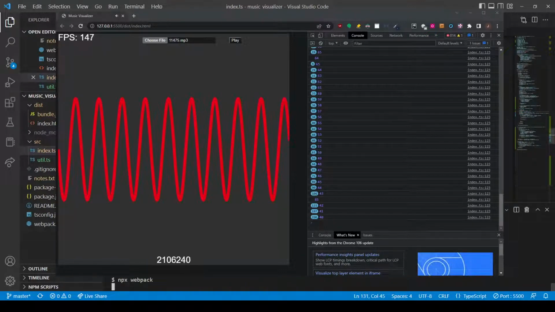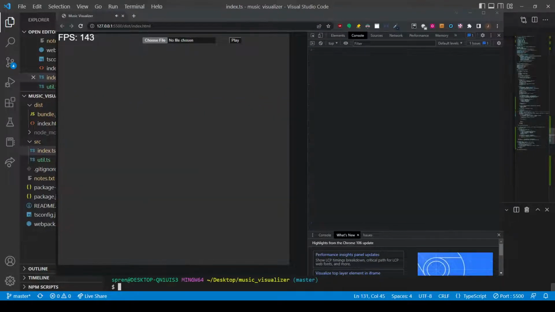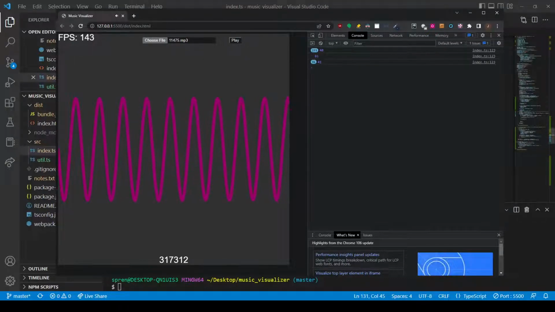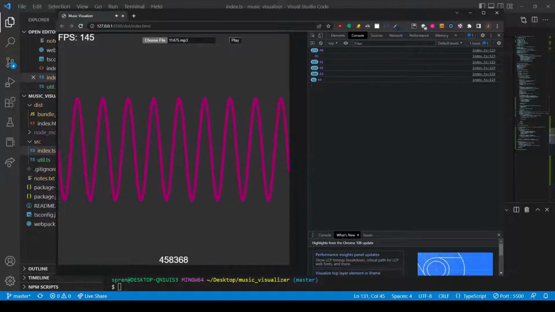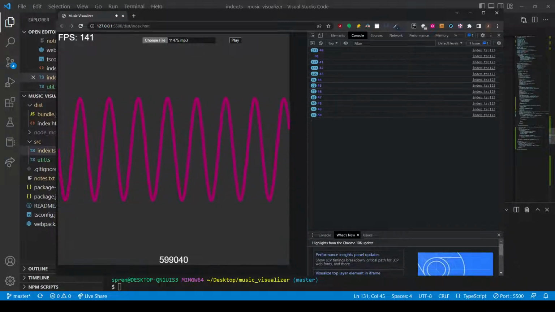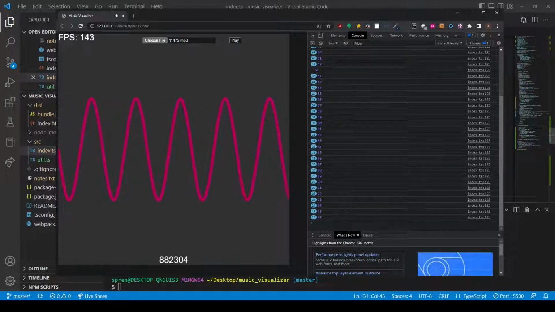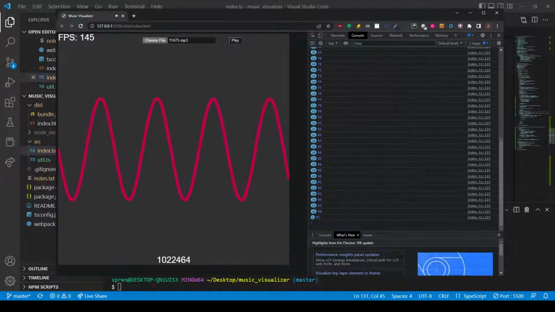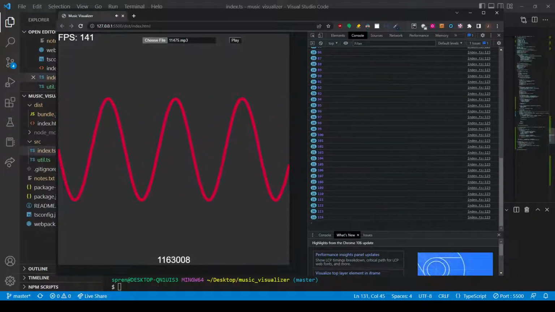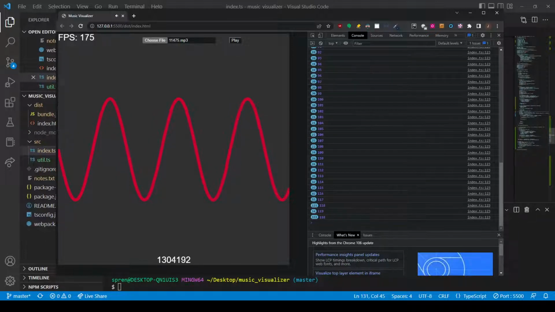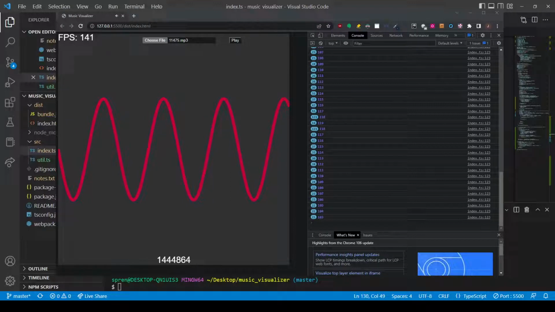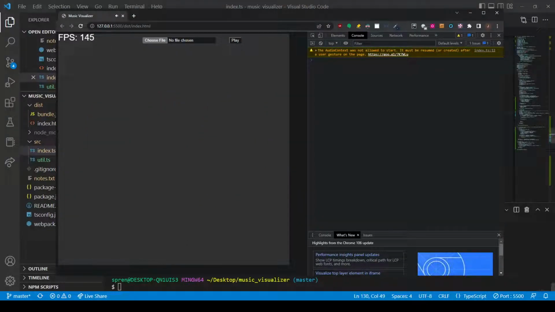Okay, and we switch up the colors. It's great. I love it. Okay. And then I'm gonna go turn off the fake sample generator.